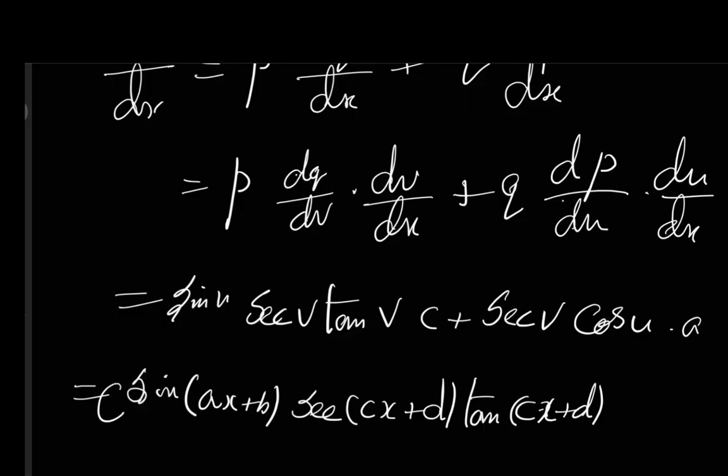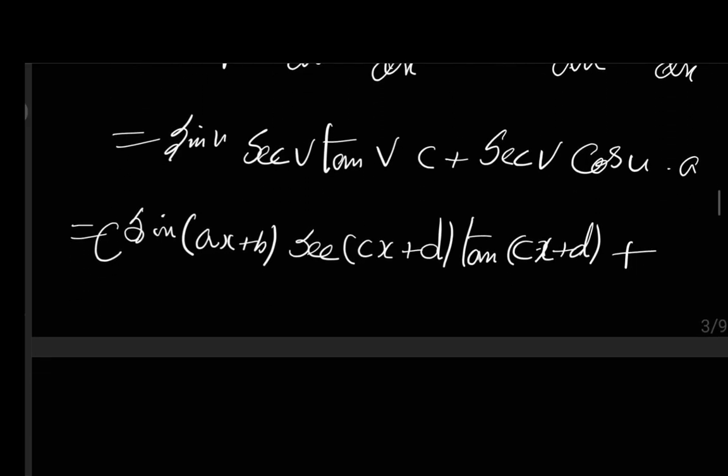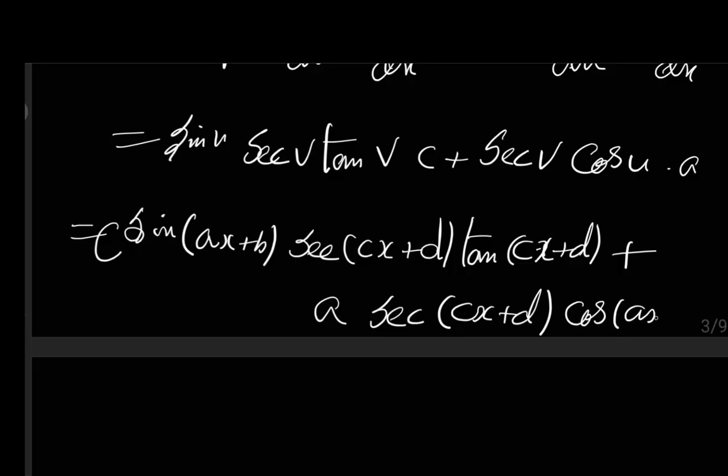Let me take the constant c here. Plus a times secant cx plus d times cos ax plus b. So this is the answer. This is your df by dx.